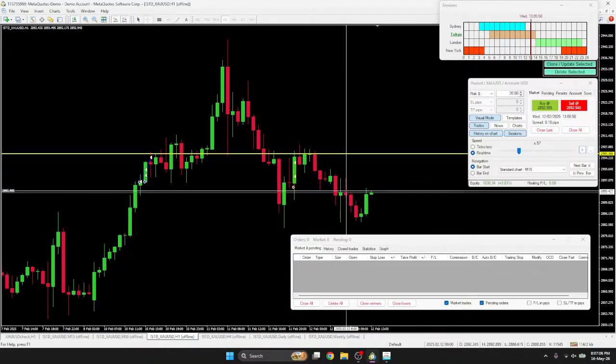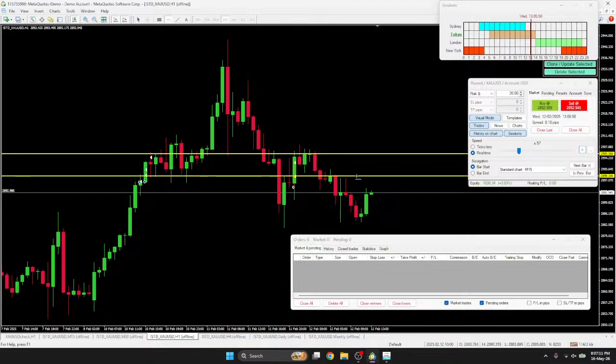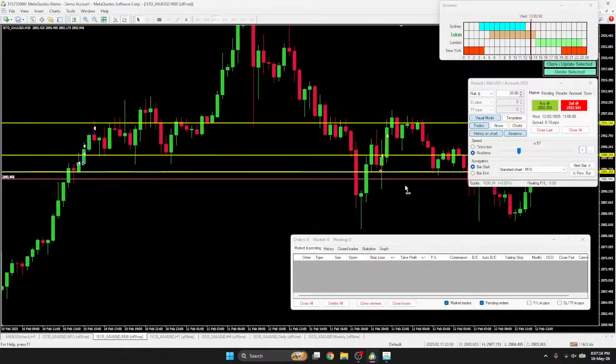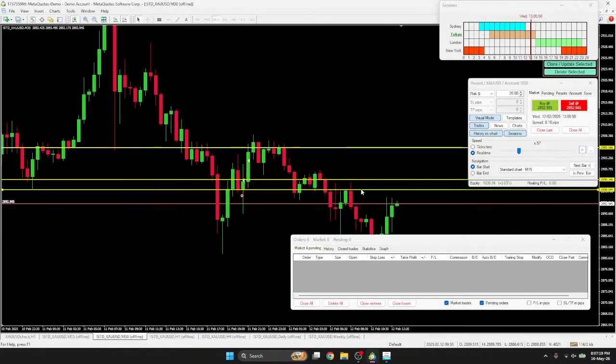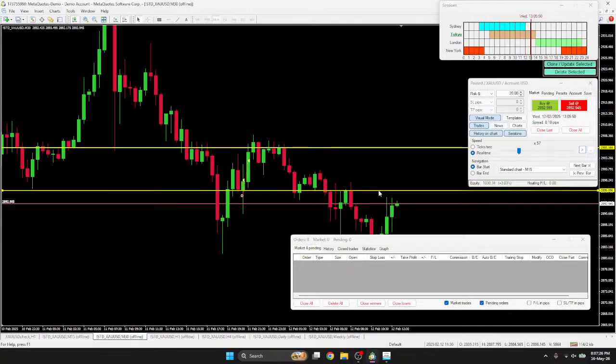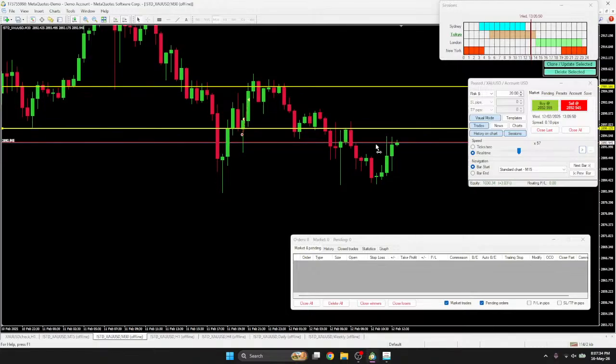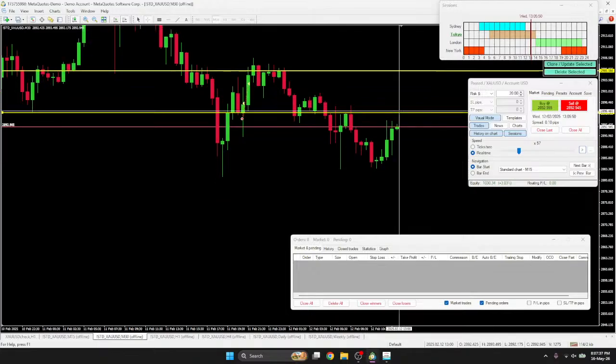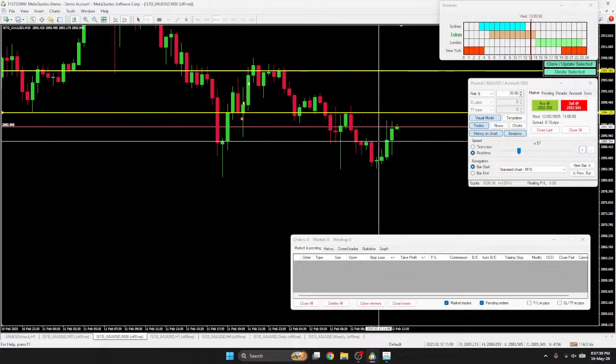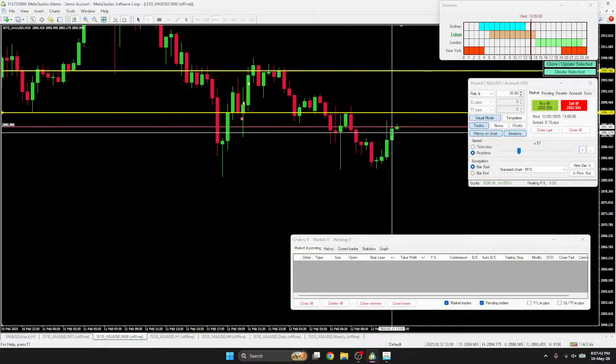In 1 hour there is a resistance area. 30 minutes. Okay, if market got reject from this area, there is high chance that market will be push up, but there was resistance and market closed above the resistance area.